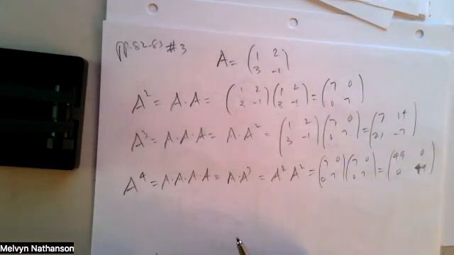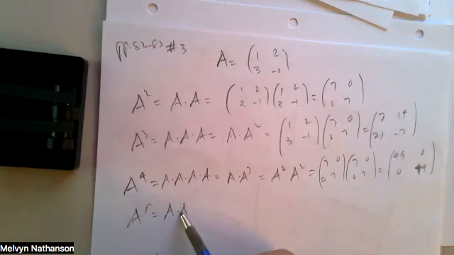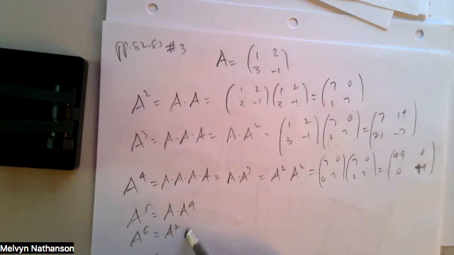Right? That's A to the fourth. And you continue. A to the fifth is A times A to the fourth. A to the sixth you could write as A squared times A to the fourth. And you calculate them the same way.